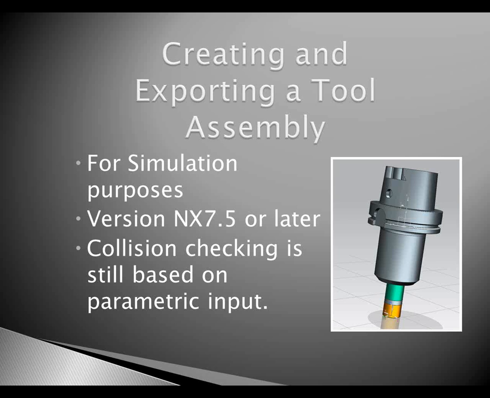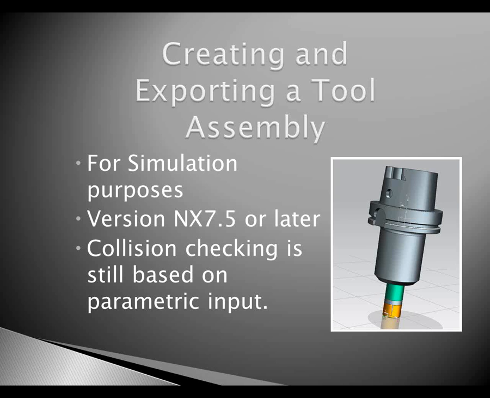However, you may want to do this if you're trying to create a tool library, or maybe a new tool system, if you will, with your company, and you're going to use tool assemblies and PMI data rather than relying on spreadsheets or 2D drawings to build the tool up for your tool preset people.